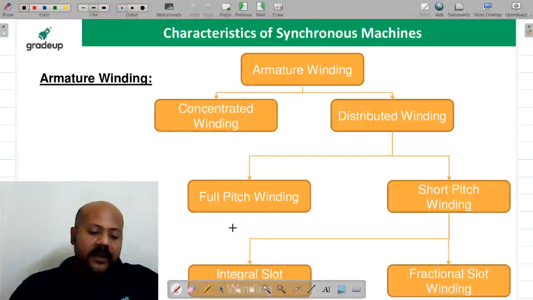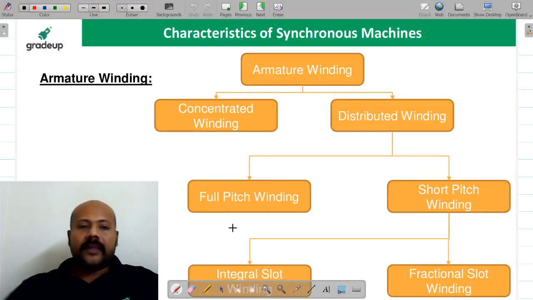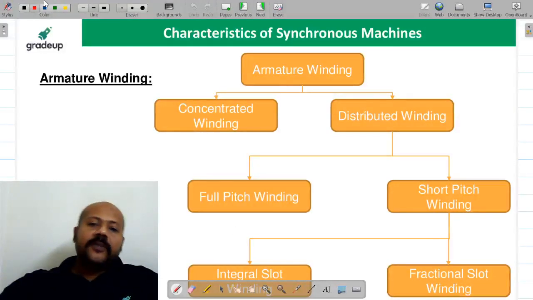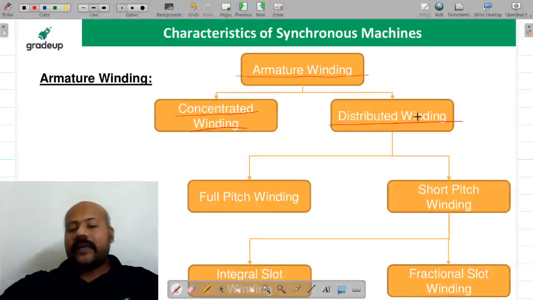Now I am going to start with armature winding in the synchronous machine. You all must be knowing that armature winding you can classify into two types, that is concentrated winding and distributed winding.